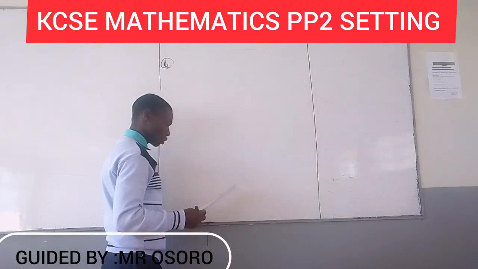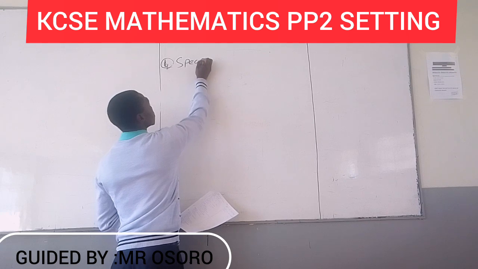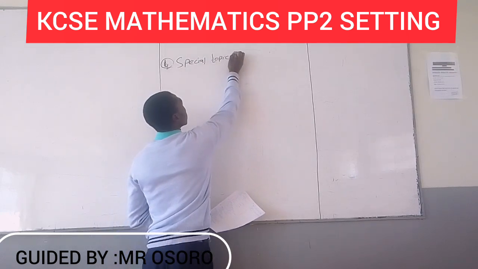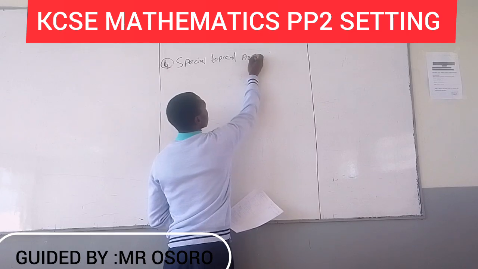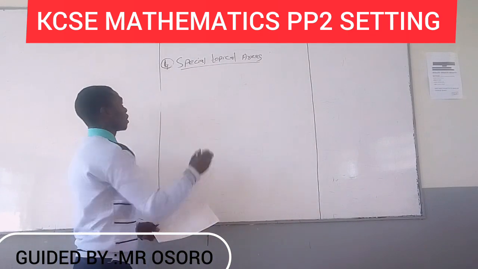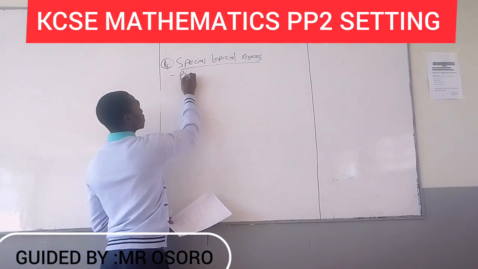That is special topics or areas. Special topics or areas, and here we have probability.